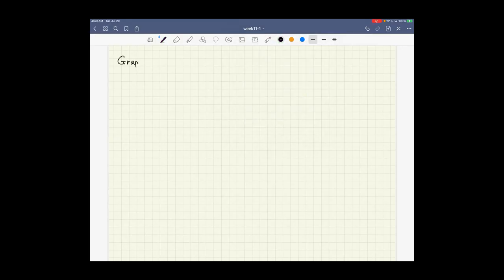Graph one period. We will perhaps graph more than one period, but one will be enough. The function y equals -2 tangent of pi x plus pi, minus 1.